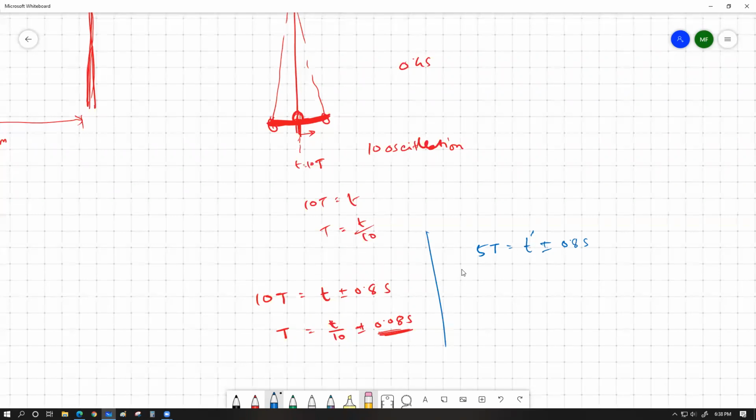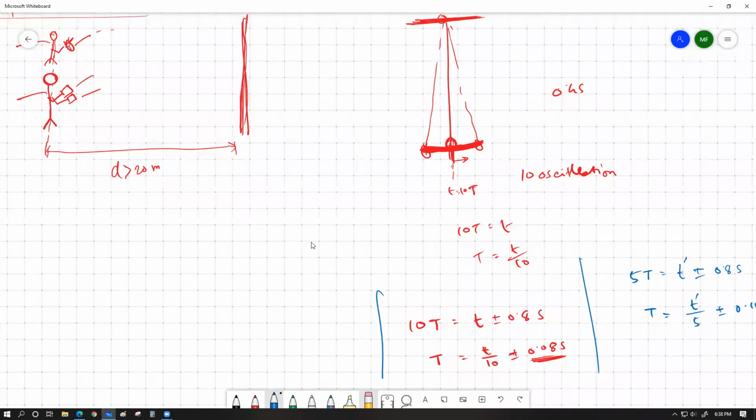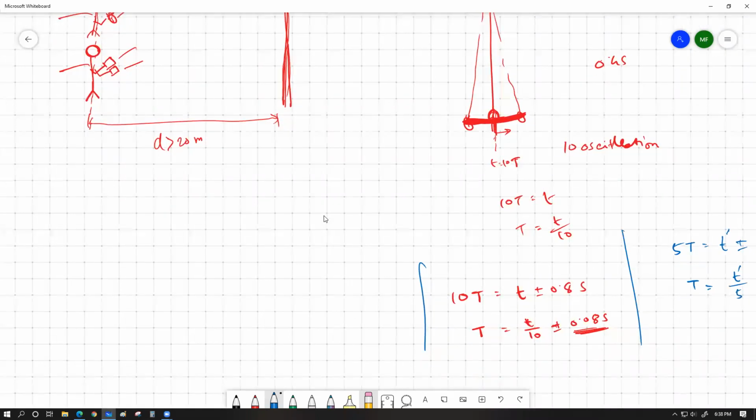That's human reaction time. So in that case, the time period measurement would be equal to this measured time t prime by 5 plus or minus 0.16 second. And if we take more than 10 oscillations, let's say if we observe 20 oscillations, for example, in that case, the duration for 20 oscillations would be equal to the measured time from the stopwatch, maybe t double prime.